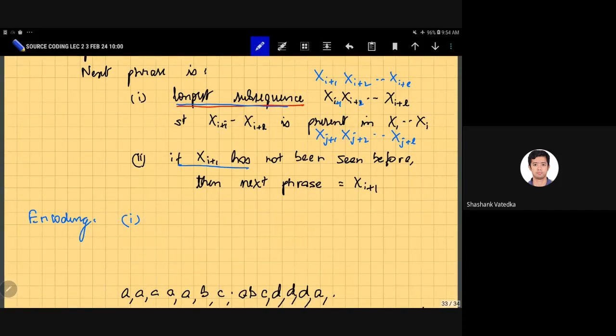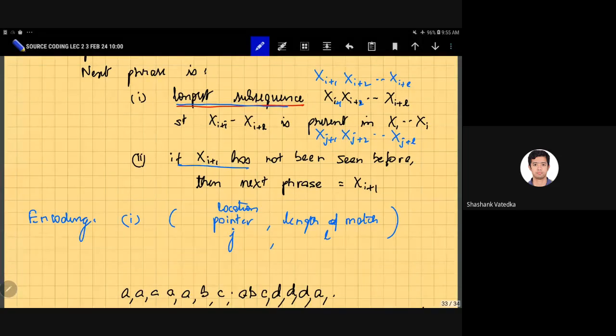Okay, so in the first case, you need to store a pointer, which is basically just store j, and then the length of the match. So this pointer is basically the location of the match, and the length of the match, L, right?